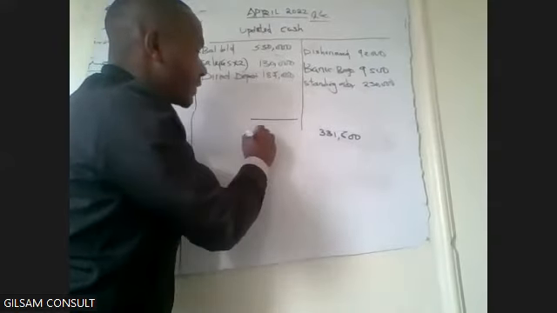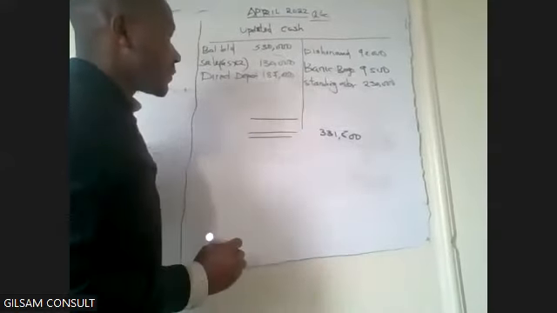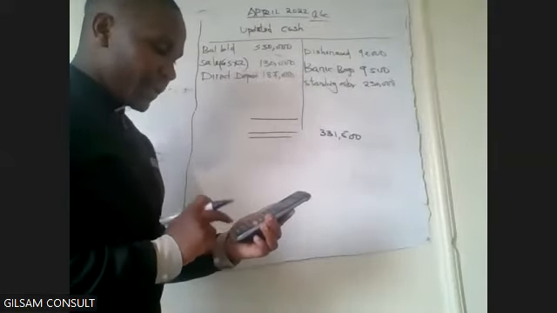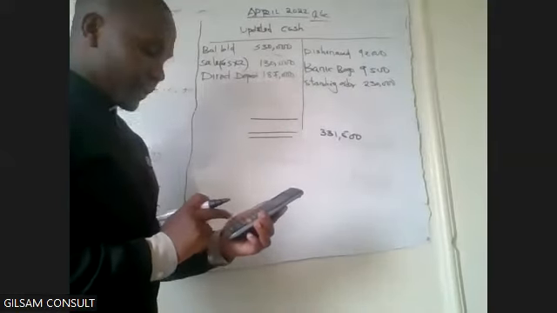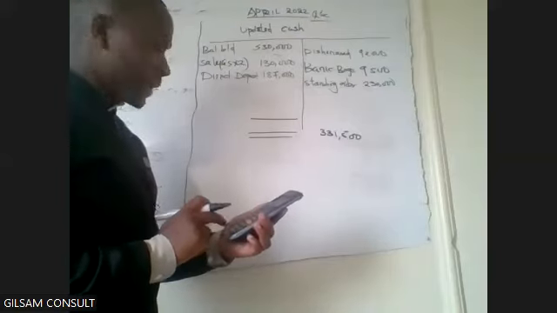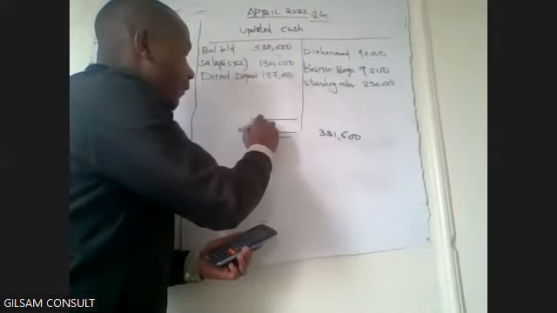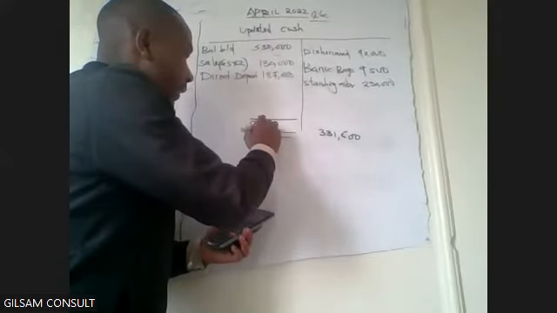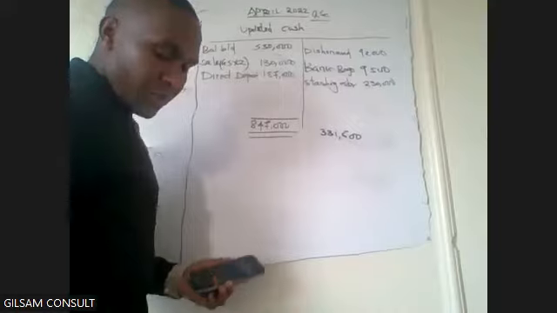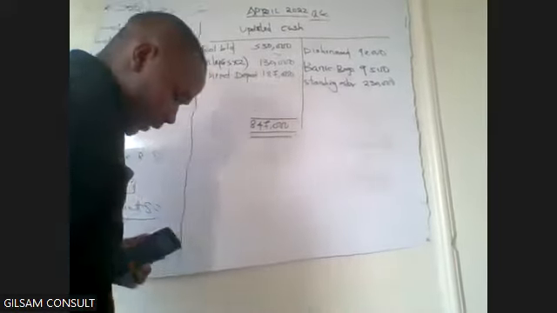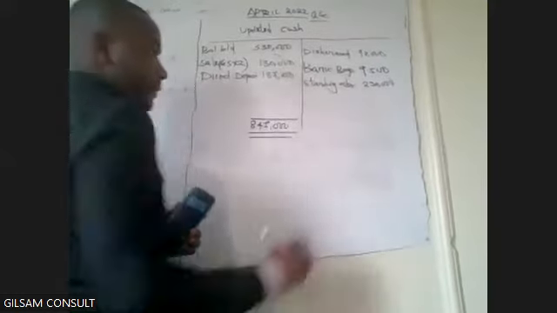The debit side is more. So it will be 530,000 plus 130,000 plus 187,000, which comes to 847,000. So it will be the balancing figure here.